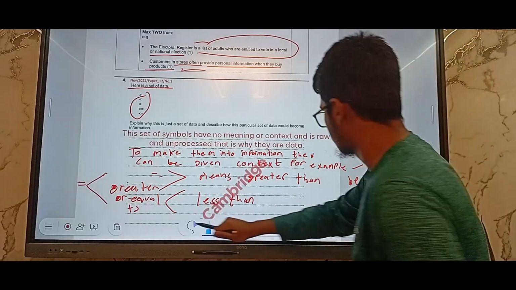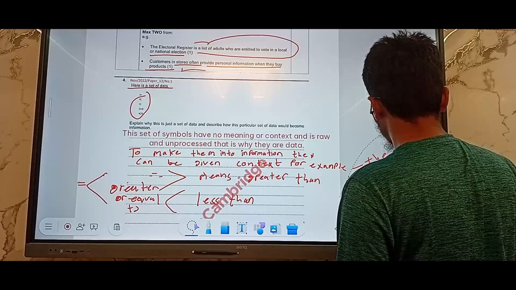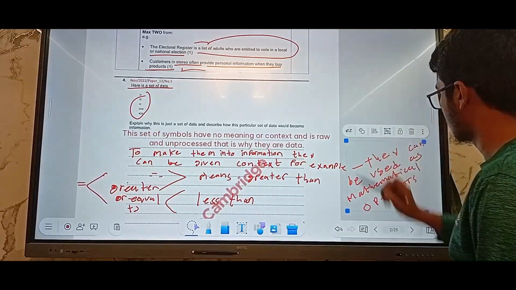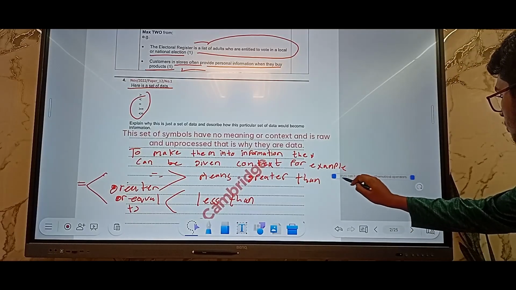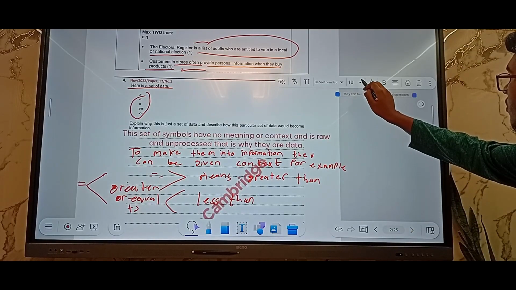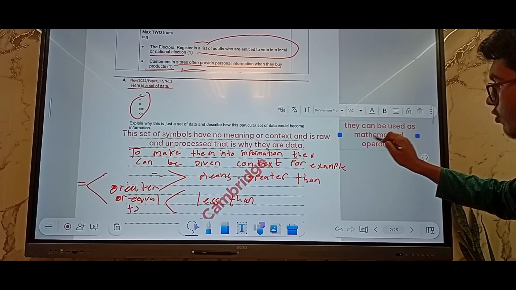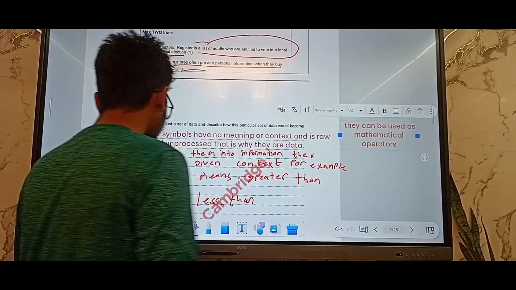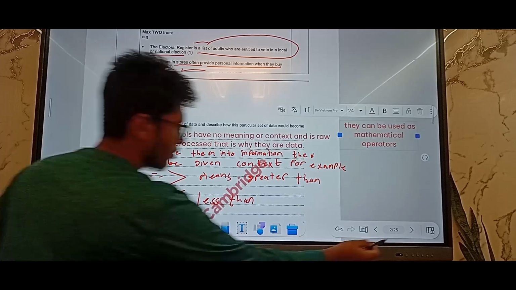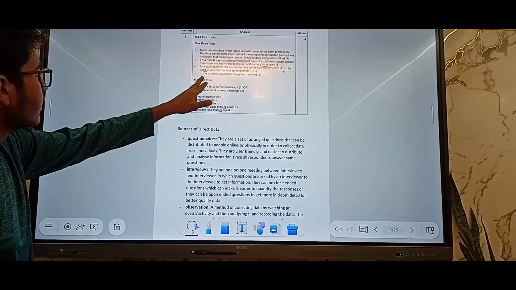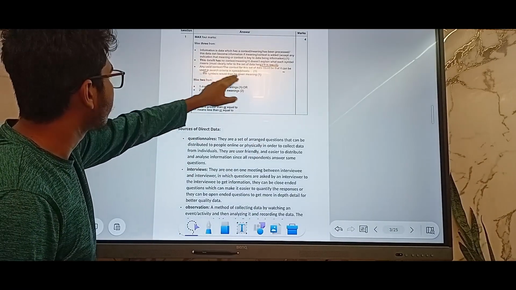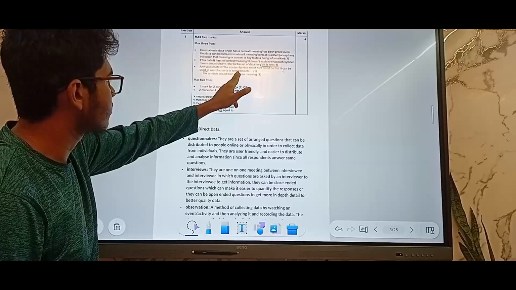So I'm going to add this, just this. Yeah, they can be used as mathematical operators. So any type of context you want to give, you can also use this one as well. And then let's check the other one. Then we have that any valid context can be used in search criteria and spreadsheets.